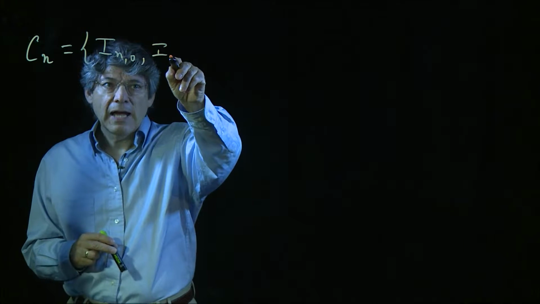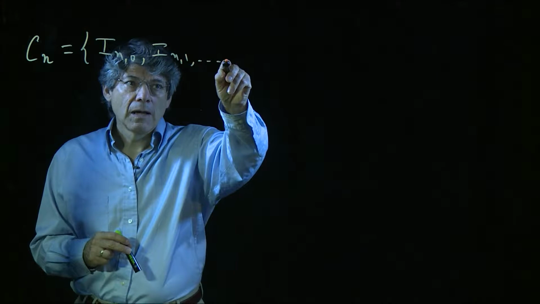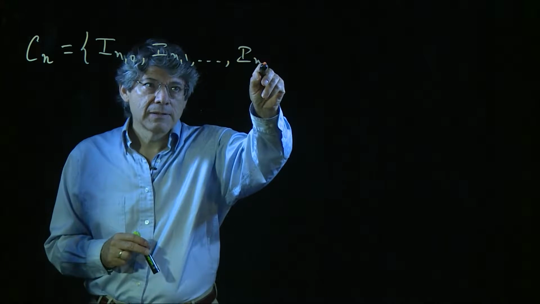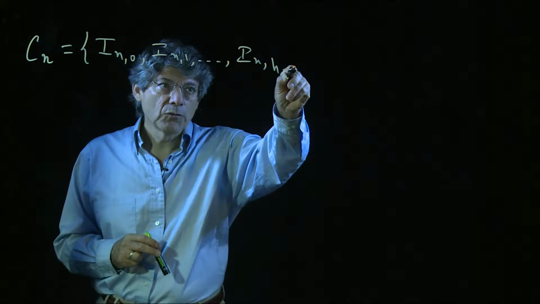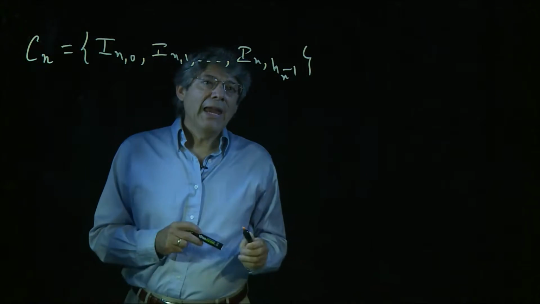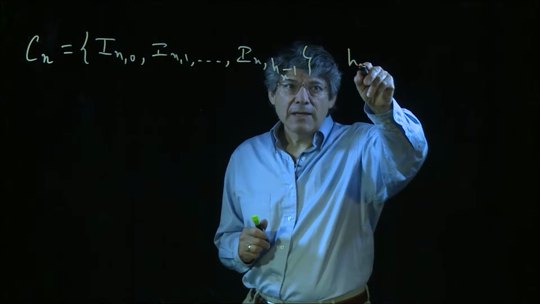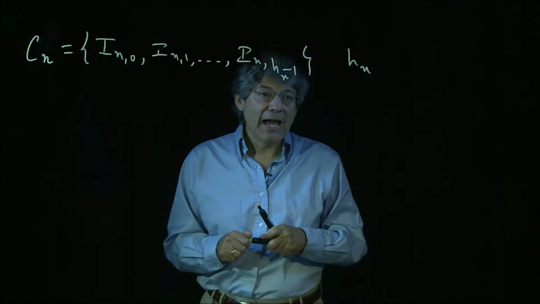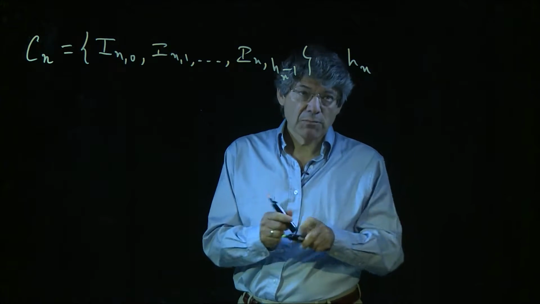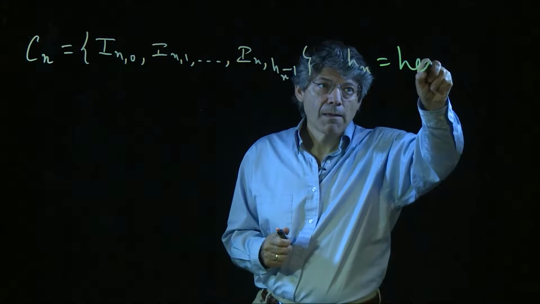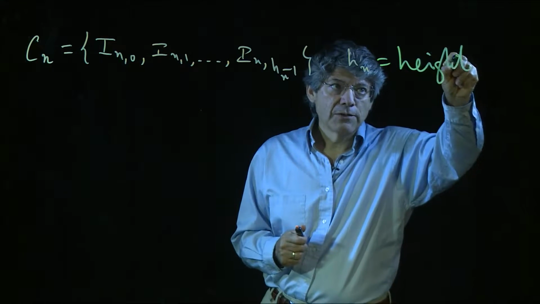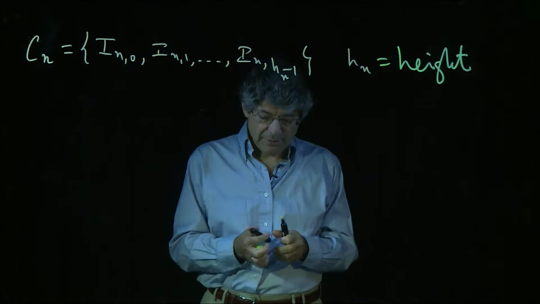The next level is I sub n1, up to I sub n sub h sub n minus 1, where h sub n is going to be the height. h sub n is said to be the height of Cn, the height of the column Cn.